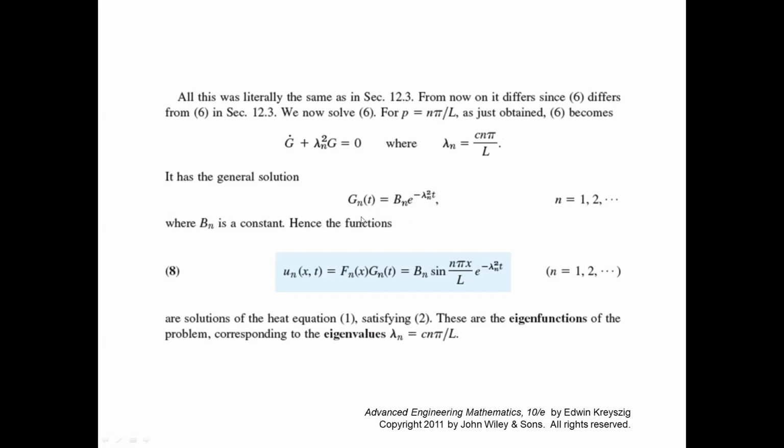There are infinite number of G sub n because n can vary. N can give different lambda value and different parameter. If we combine the Fn and Gn together, we get the solution U sub n in this format.